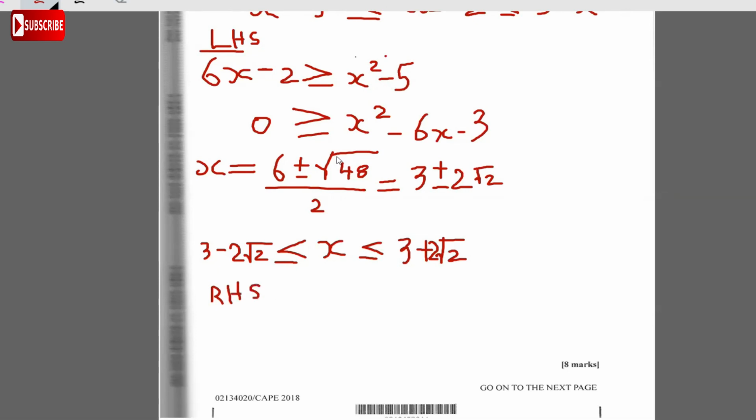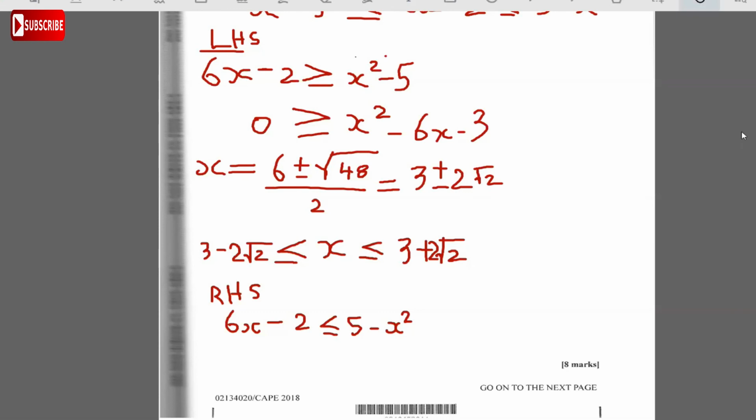Going to the right-hand side, I would be having that 6x minus 2 is less than or equal to 5 minus x squared.